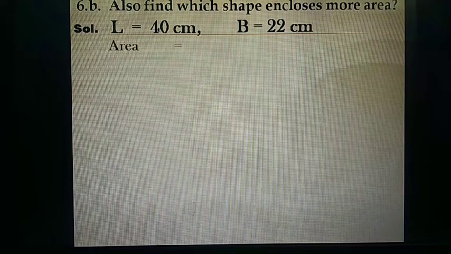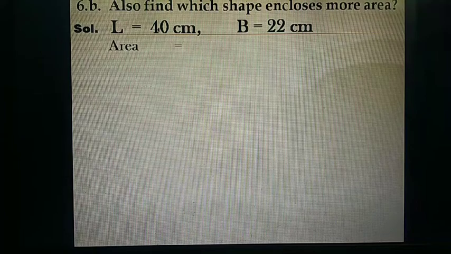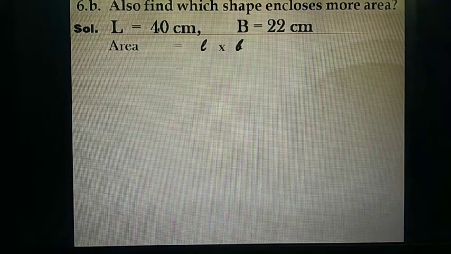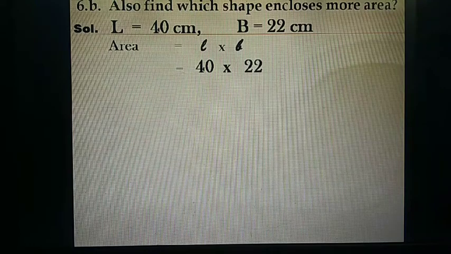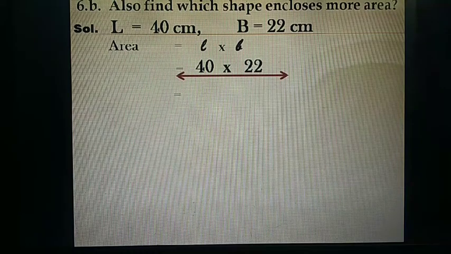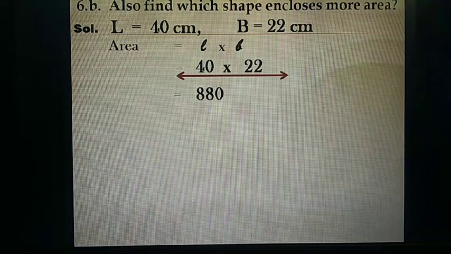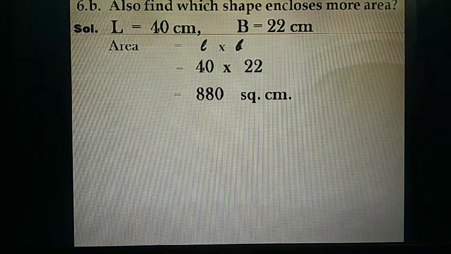Here we are supposed to find which shape encloses more area. So in the question there are two shapes. One is rectangle, one is a square. So here first we are considering rectangle. To find out its area, the formula is length into breadth. Putting the values of length and breadth, multiply them, you will get the answer as 880 square centimeter.